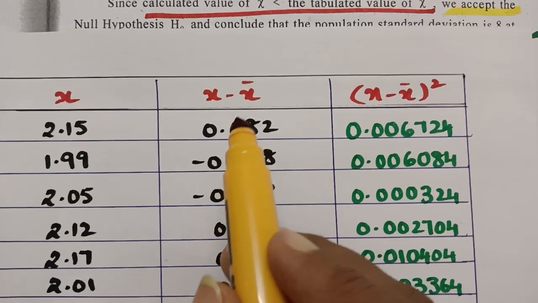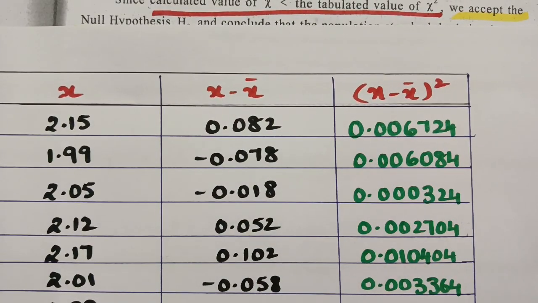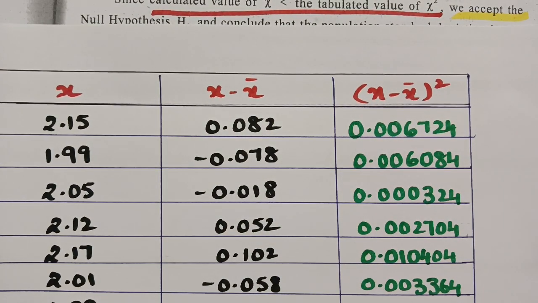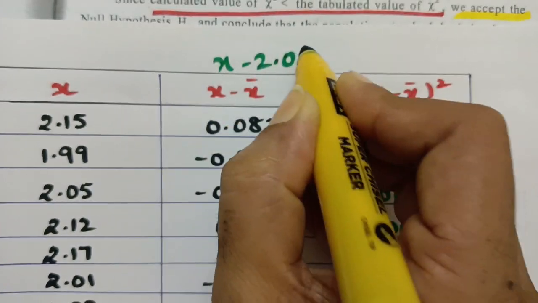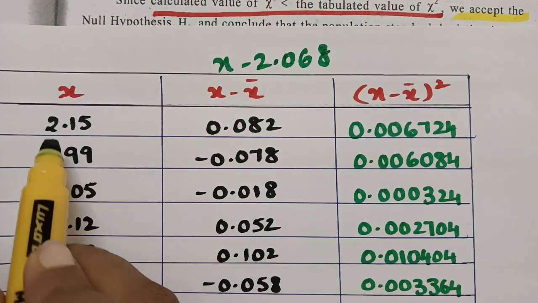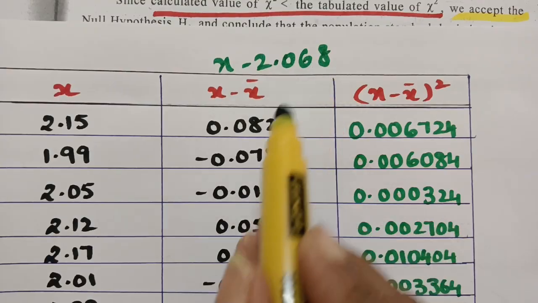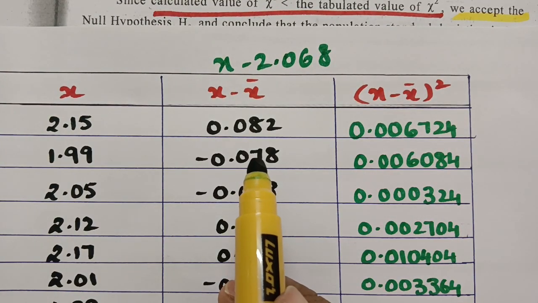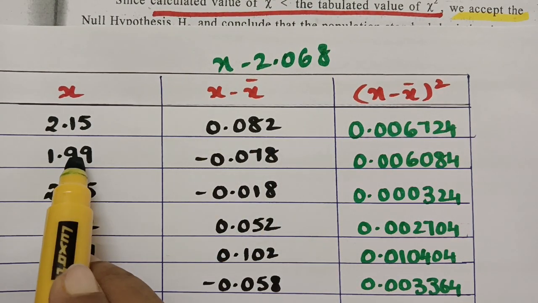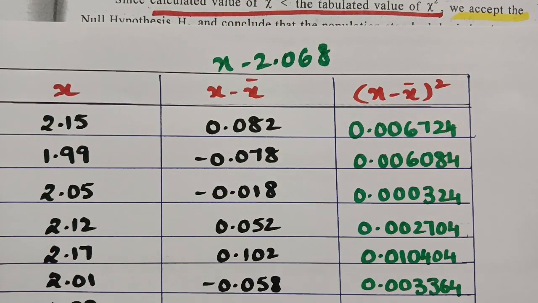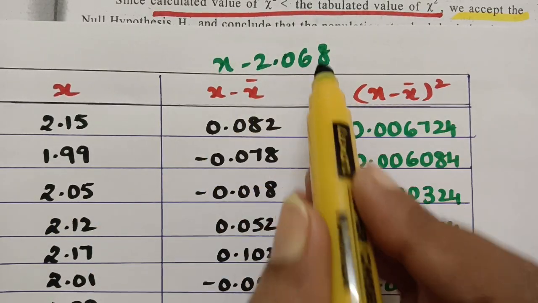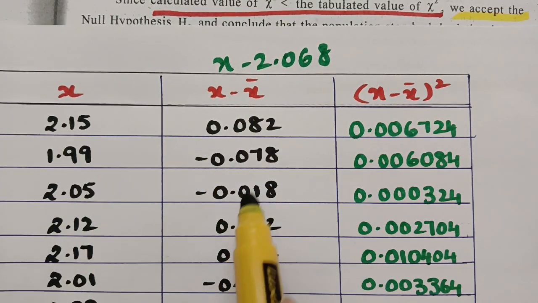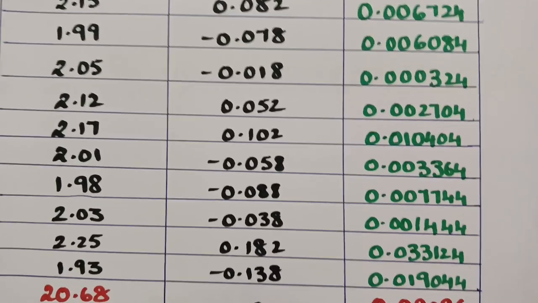In the next column, x minus x bar. We subtract each x value from 2.068. So 2.15 minus 2.068 is 0.082, 1.99 minus 2.068 is minus 0.078, and so on. We fill this column using the calculator.